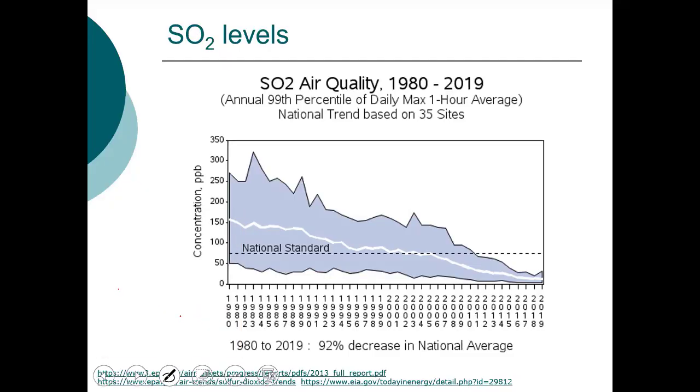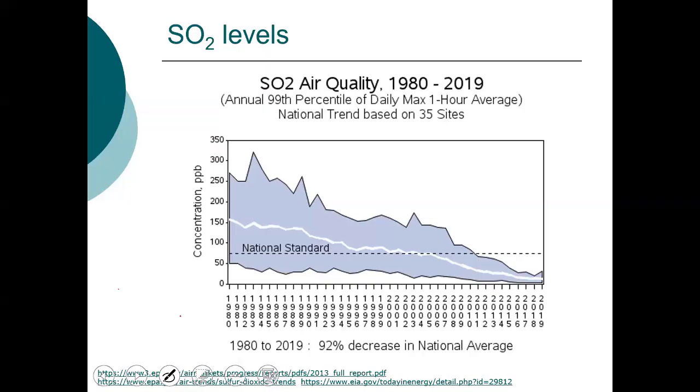And you can see that we have reduced it very significantly. The latest data I could obtain was for 2019, but you see roughly a 92% decrease in the average SO2 level.